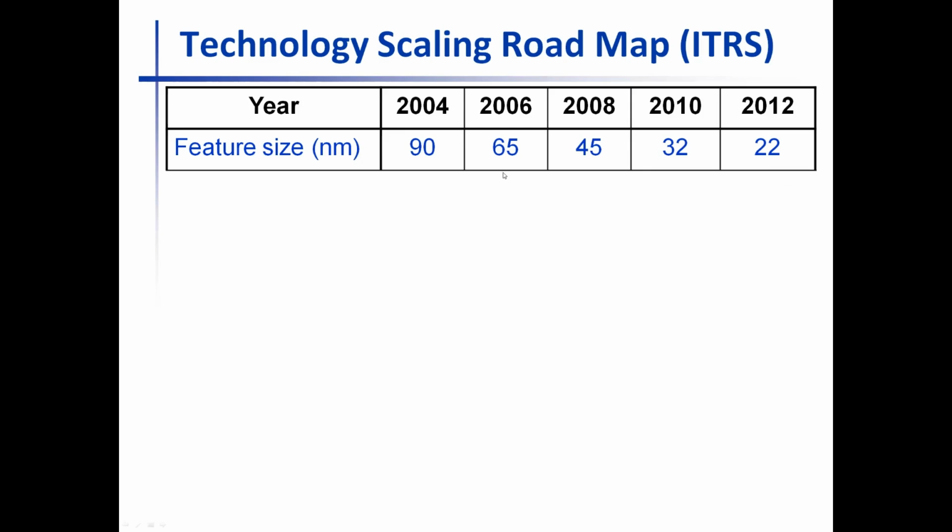So, any idea what exactly is referred to by this feature size? That nanometer is a distance measure, of course. What does it refer to? What is this feature size? Any guesses? Make a guess, it's all right to be wrong.